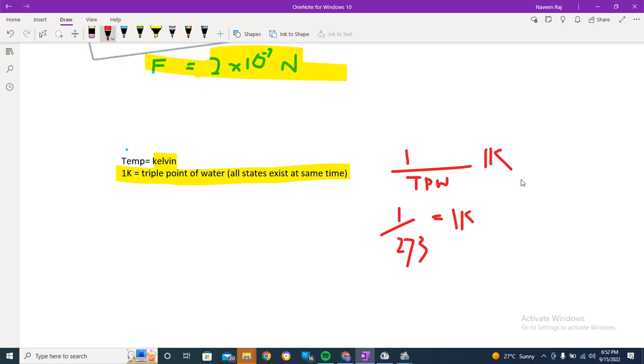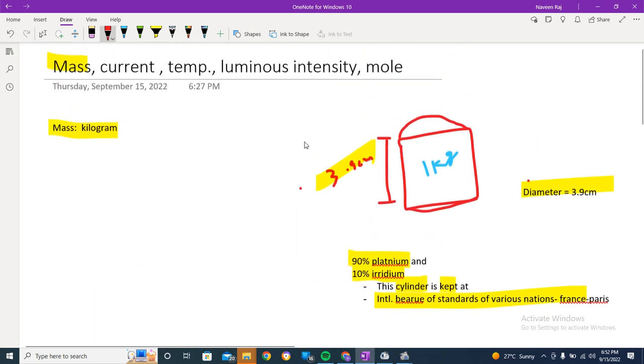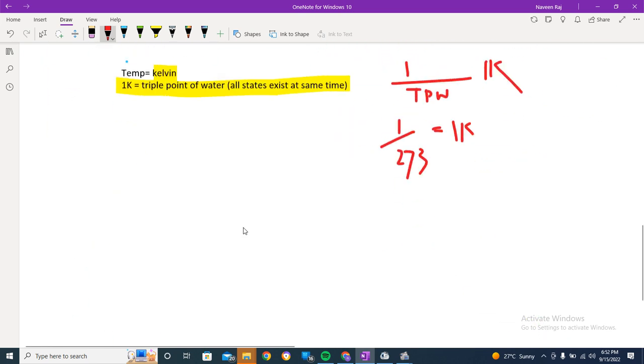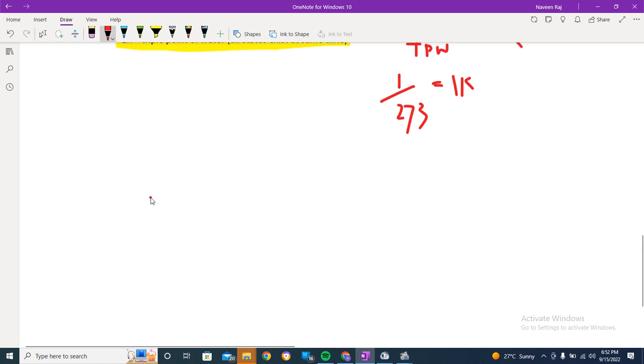Now let's look at the next quantity, luminous intensity. That is quite simple. Luminous intensity is measured in candela, with the symbol cd.